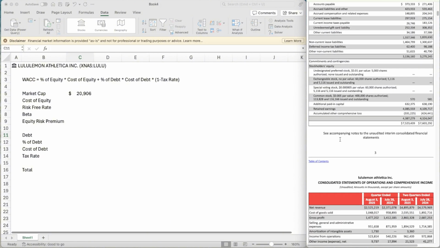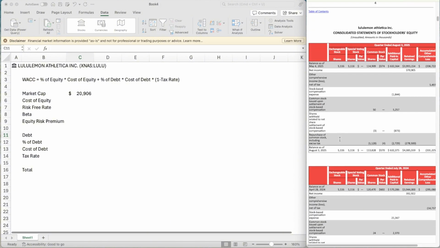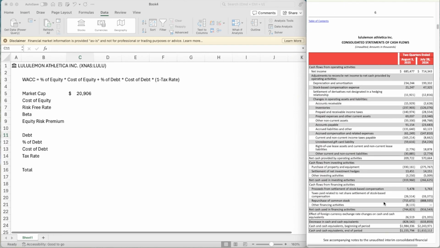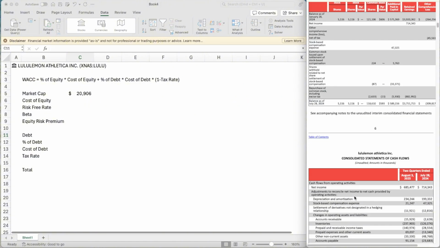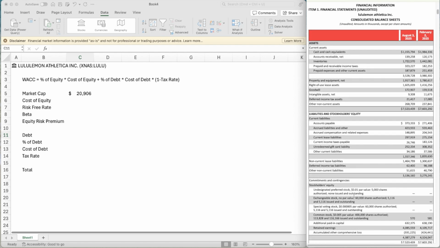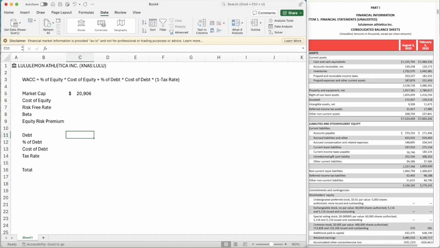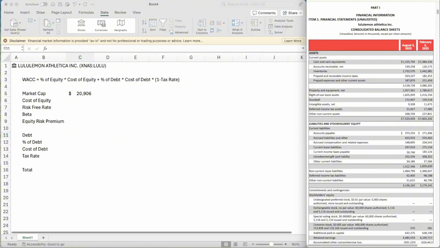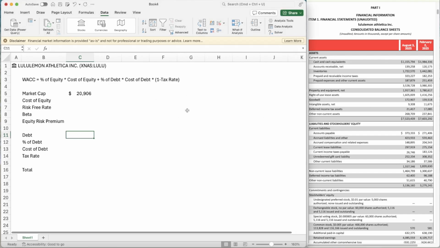Oh, why can't they just call it debt? To be honest, it doesn't look like it has any debt. I think from this, we really just go current lease liabilities and non-current lease liabilities. So that would be equals.